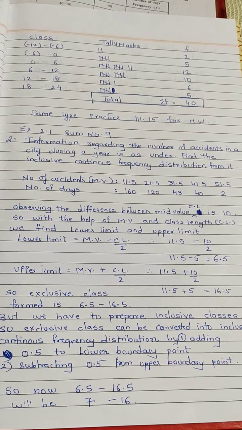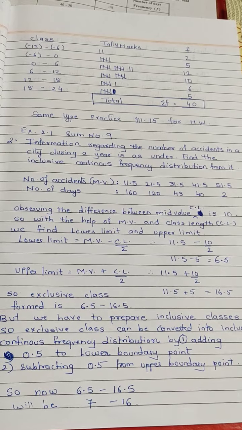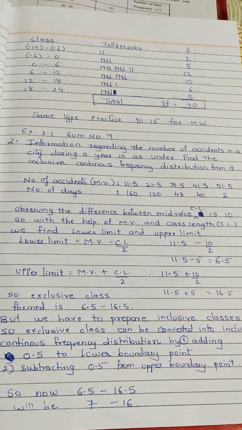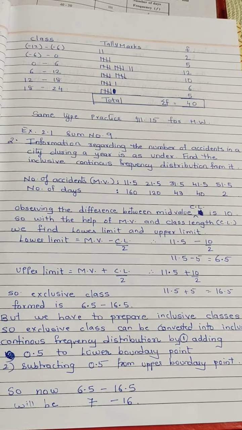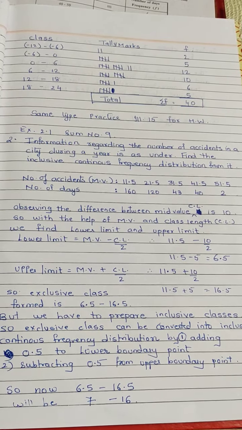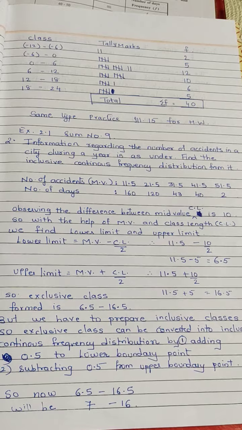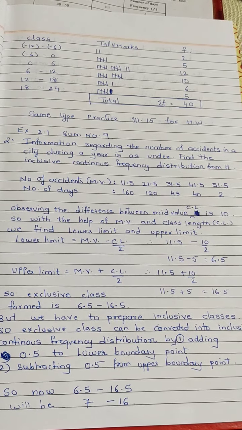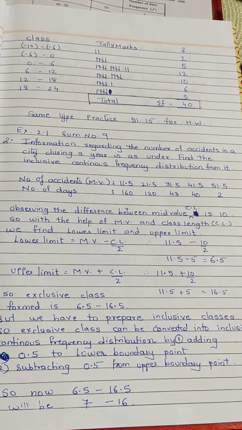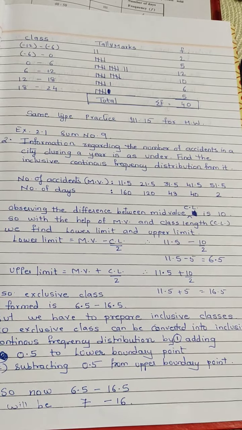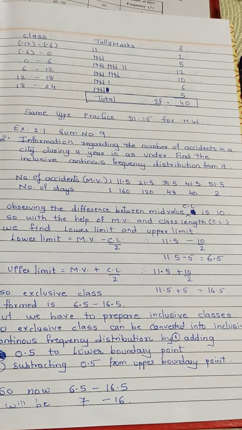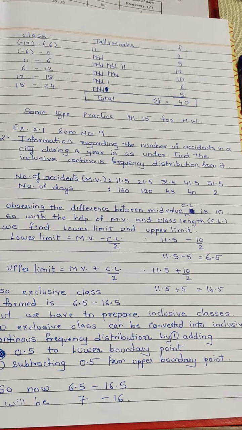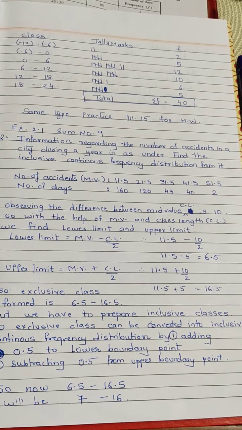Now, observing the difference between mid values, we are able to see that there is a common class interval of 10. So, with the help of mid value and class length, which we have observed from the mid values given, we can find the lower limit and upper limit.